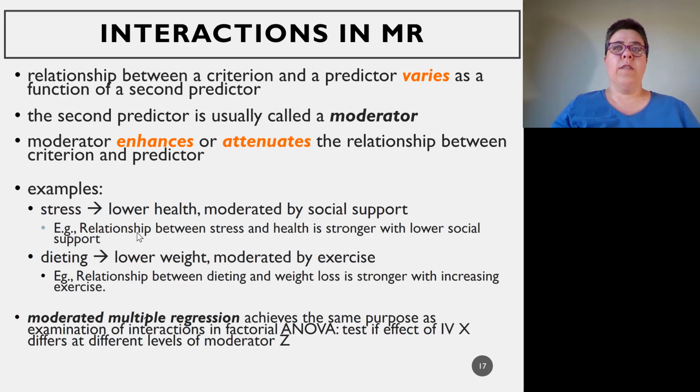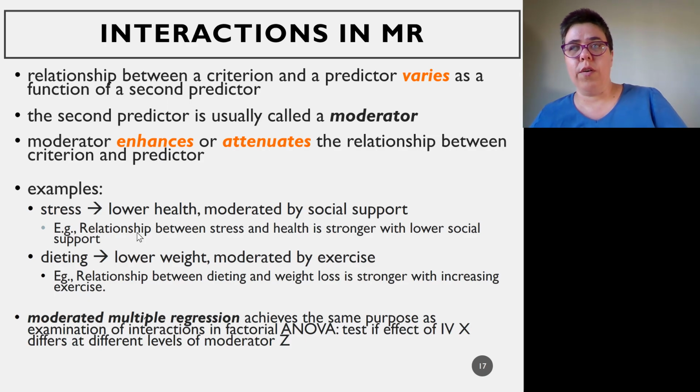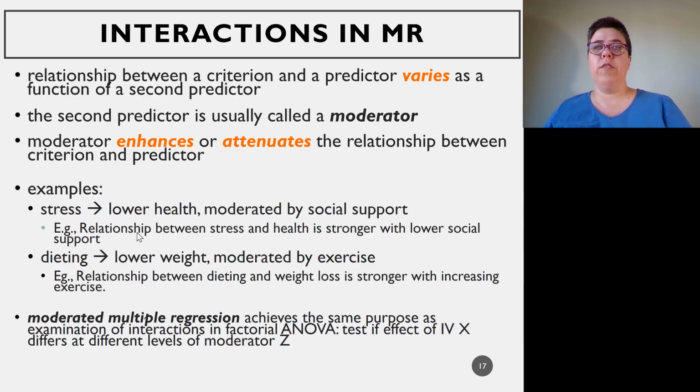So consider, for example, the idea that stress is associated with ill health, but it's moderated by social support, and the relationship between stress and health is stronger when you have lower social support. So what we would say there is that the impact of social support is that it enhances the negative association between stress and ill health.